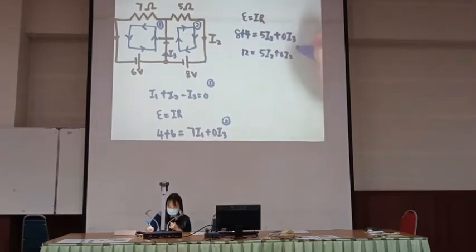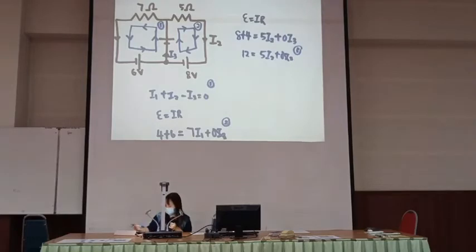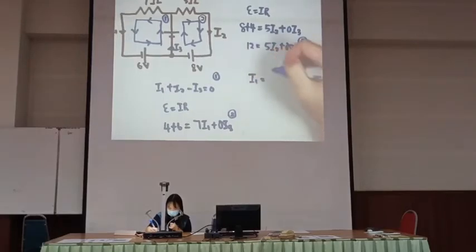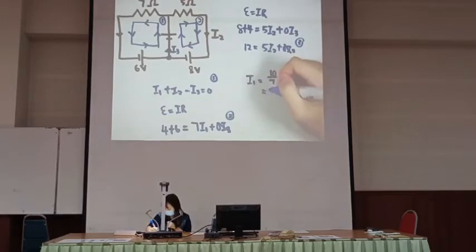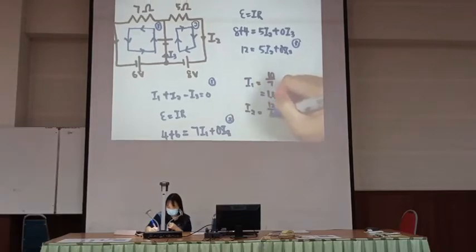And then we have our three equations, and from this we can see the I3 term is 0, so we can cancel it, and then we just calculate I1 and I2. I1 is 10 over 7, which is 1.43 ampere, and I2 is 12 over 5, which is 2.4 ampere.